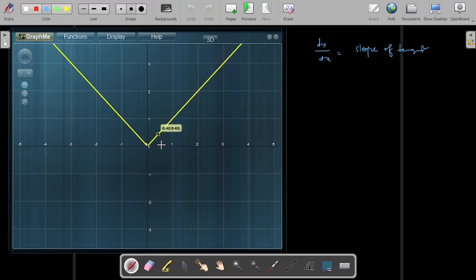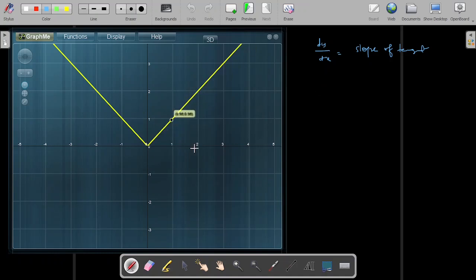It toggles, or this x-axis dances at this point. You don't get a particular value for the slope at x equal to 0. It toggles between negative and positive, negative, positive. So we can't define a specific value for the slope. Hence we say that the modulus function is not differentiable at x equal to 0.